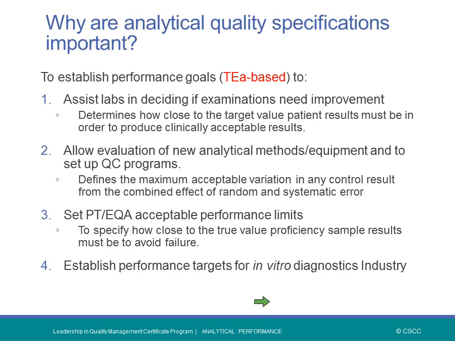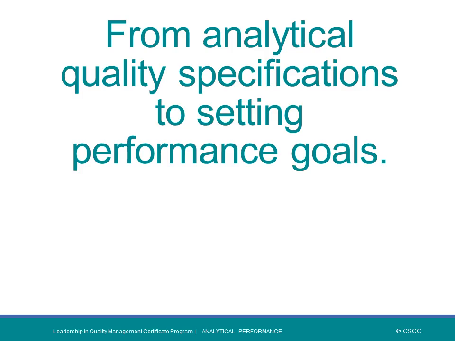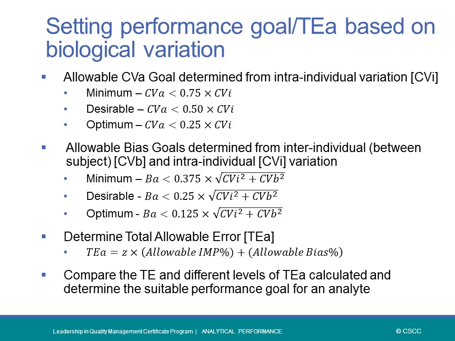So we've basically covered the analytical quality specifications, how they are determined, the various sources for these. Now let's take a closer look at how we can apply these specifications to performance goals. Well, if we're looking at those based on biological variability, we can consult a number of sources and come up with estimates as displayed in this particular slide here.